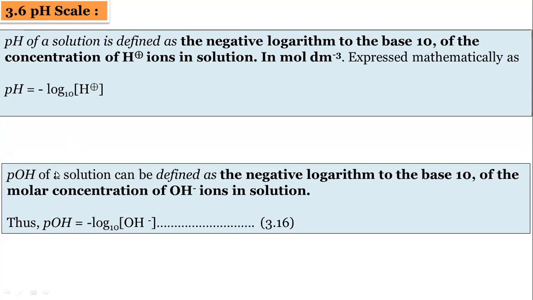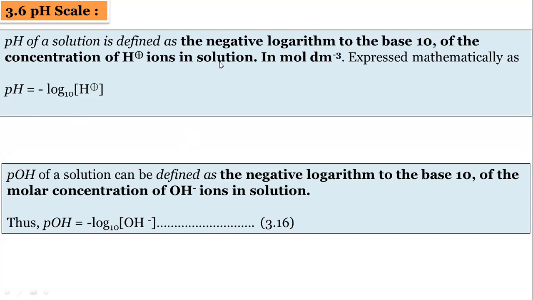But chemically we have to write this definition. It is the negative log of the concentration of H+ ions, and pOH is the negative log of the concentration of OH- ions. Mathematically, pH is equal to minus log to the base 10 of the H+ ion concentration, and pOH is equal to minus log to the base 10 of the OH- concentration.